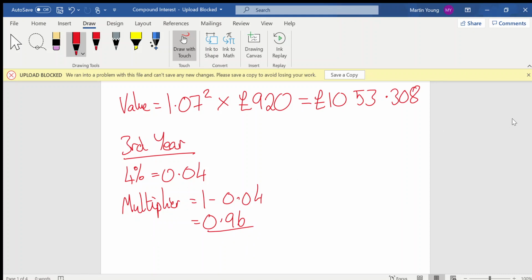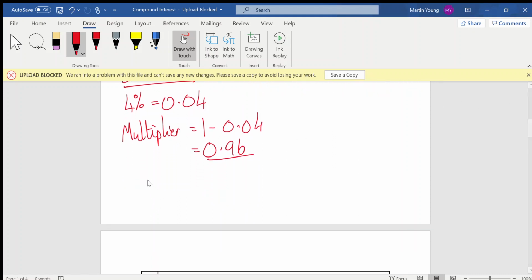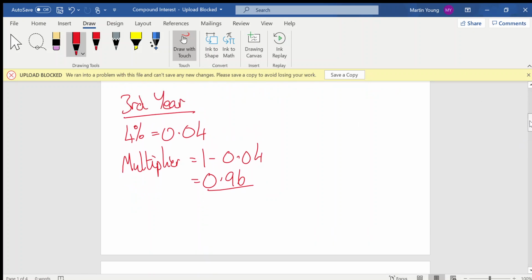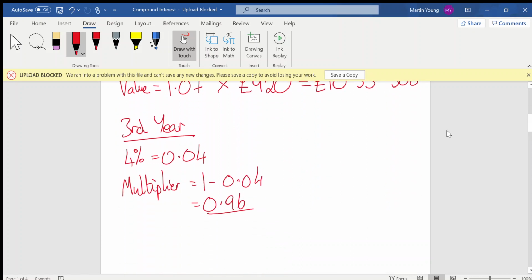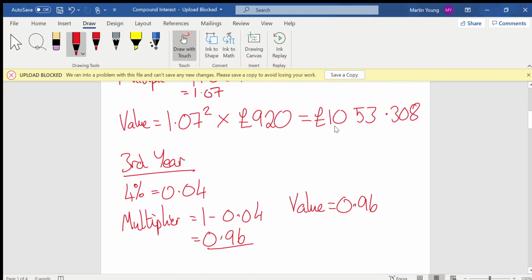So the value now, I'm going to need to take this multiplier and times it by the amount at the start of the third year, and that's going to be this value here that we got. So I'm going to be timesing by 1053.308.